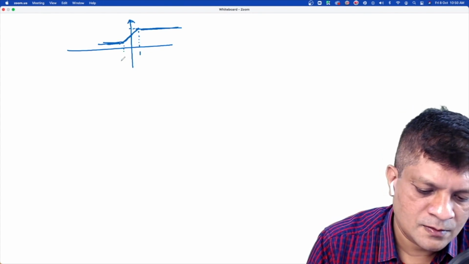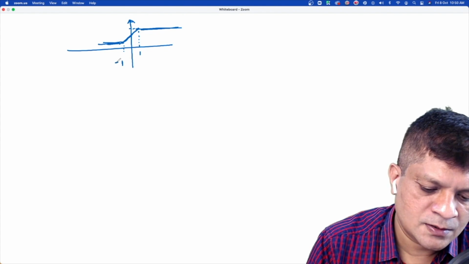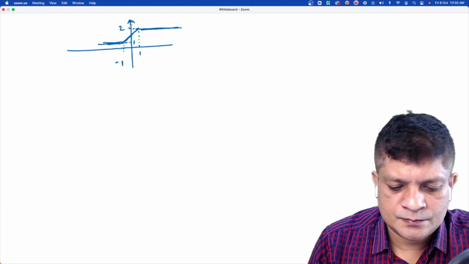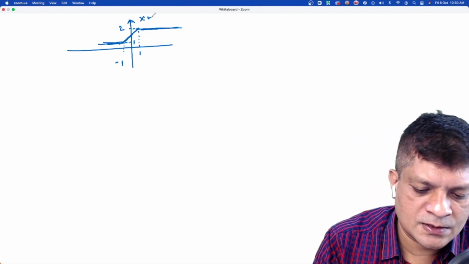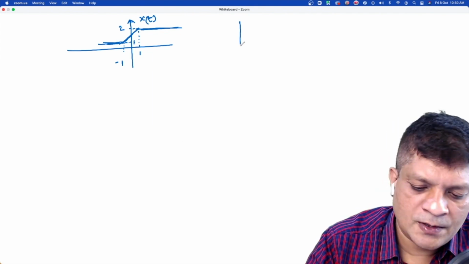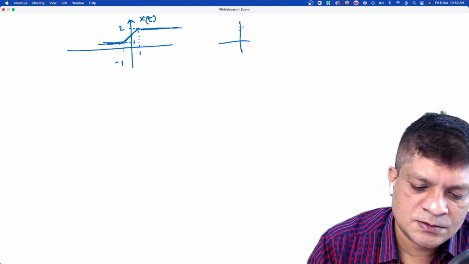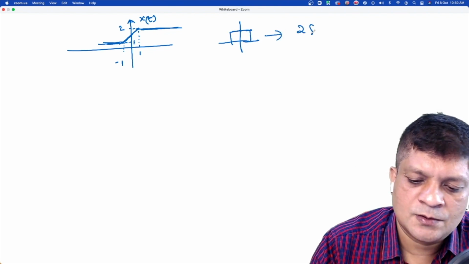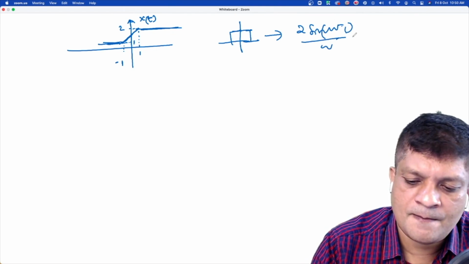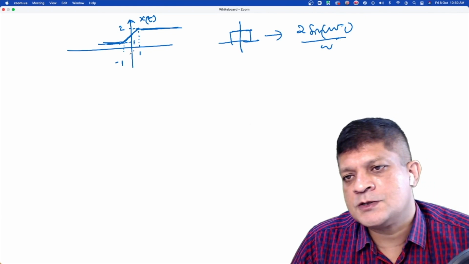Let's say this is the given x(t). You have to find the Fourier transform of this, starting with 2 sine omega t1 by omega, and using the properties of Fourier transform.